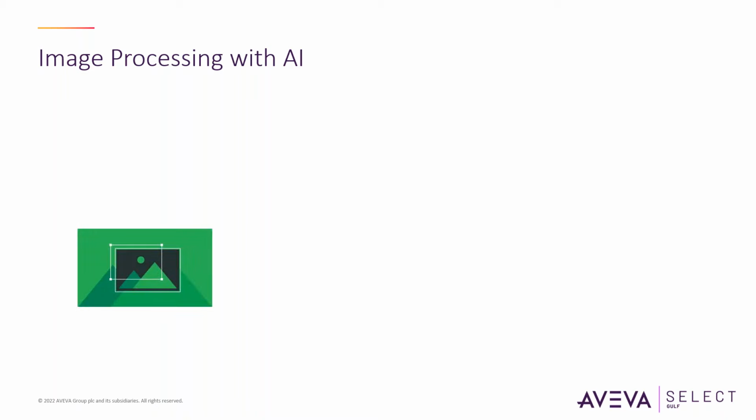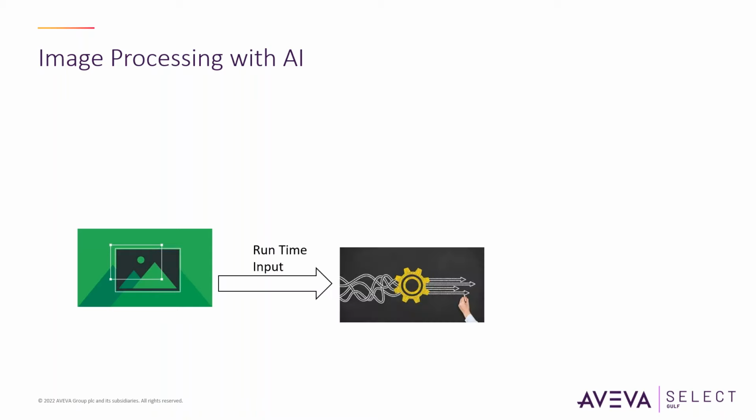So in our case, we have an image, and this image represents some data. It's actually a matrix of data that normally we send at runtime as input to this algorithm, and because of some parameters, the process can detect a few things or classify and give us some results.